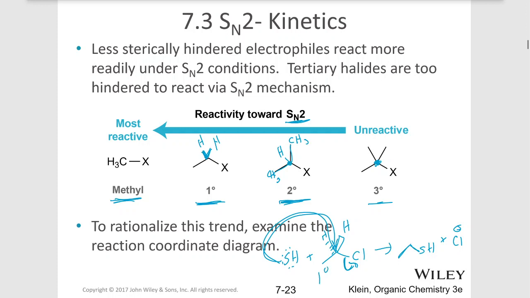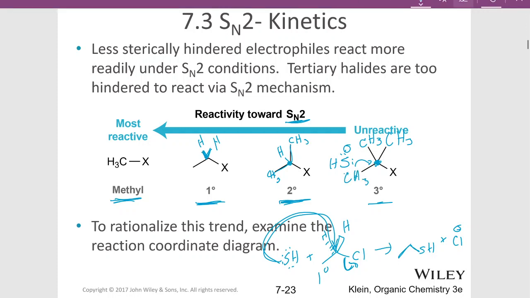But if we had, say, a tertiary alkyl halide, and this thing's trying to get in here and reach this alpha carbon, these methyl groups are large. Okay, they're going to take up a lot of space.